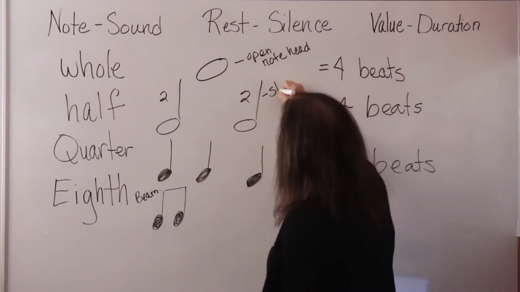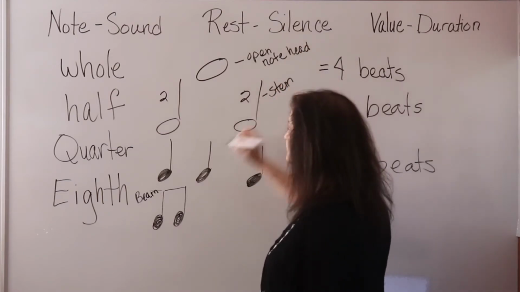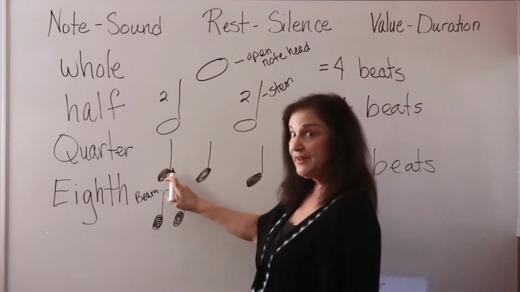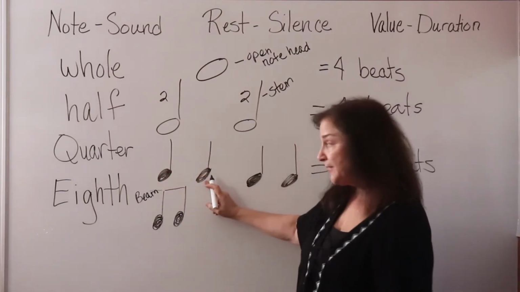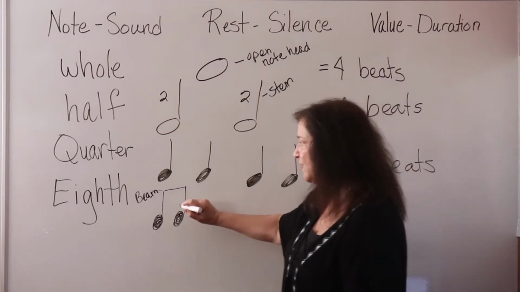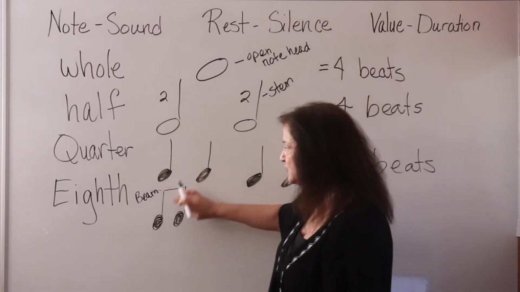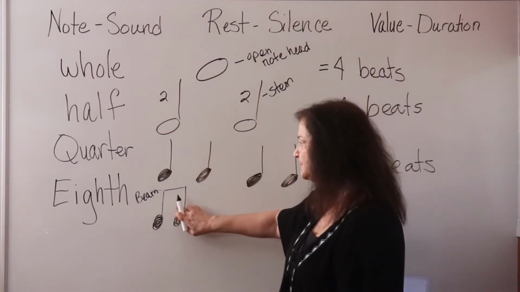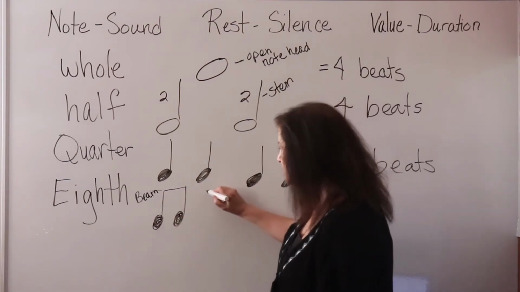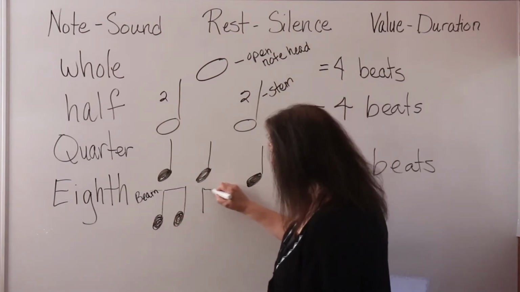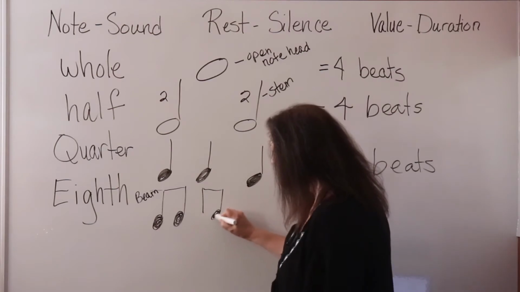This is a stem. Here's a filled-in note head. We just call it a note head. And for the eighth notes, when we connect the 2 of them, because 2/8 equal a quarter, we use a beam when we have our 2 eighth notes together.